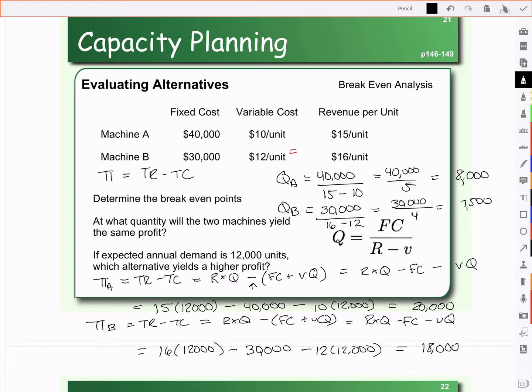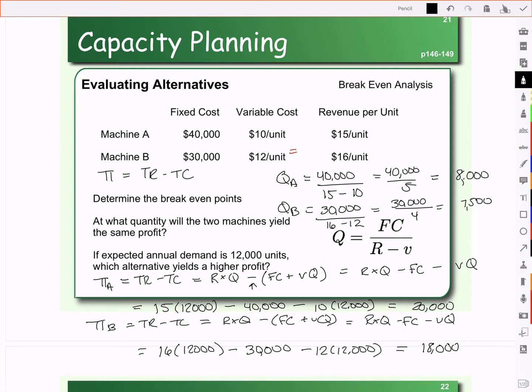So notice if the forecasted demand is 12,000 units, then using machine A gives us profit of 20 grand, and using machine B gives us profit of 18 grand. So in this case, if we have forecasted demand of 12,000 units, we would rather have machine A because it's more profitable. But the key thing here is that machine A is not necessarily always more profitable, right?